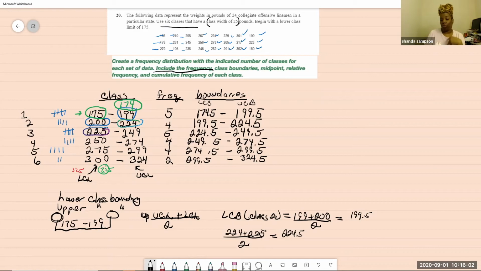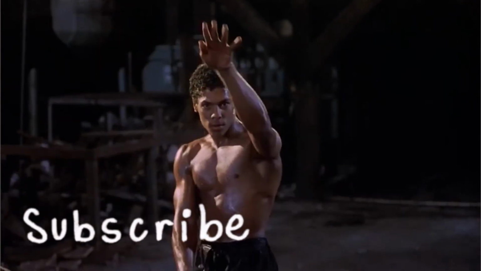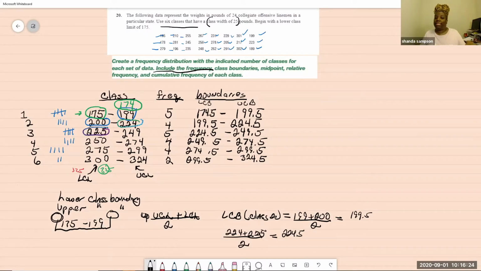I probably won't. I'll probably say, well, what's the upper and lower class boundary for class 1? Hit you with the watch out, right? And then on an easier problem, I might ask you, what's the lower and upper class boundary of class 3, where you don't have to watch out, right? With that being the case, that's your class boundaries. Boom, we got our class boundaries.